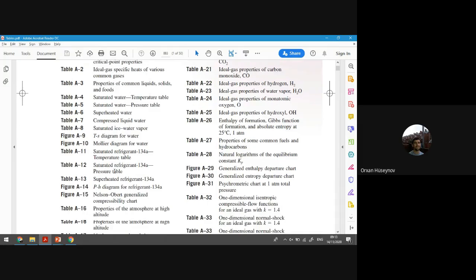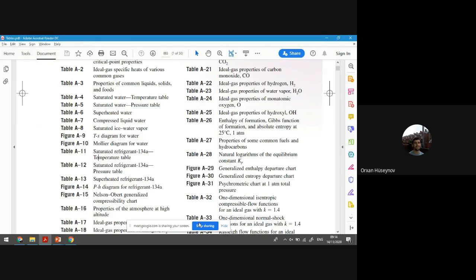So you can see the list of the tables. We have A4, A5, A6. It is only for water. You can see the water value here, and also here, and here. What I'm looking for is the refrigerant, R134A. So now I should move on to A11 or A12.